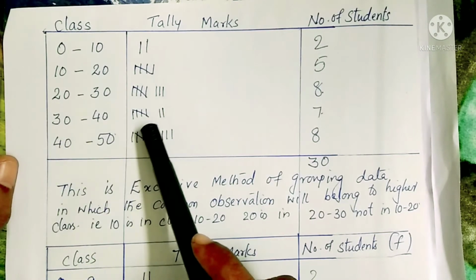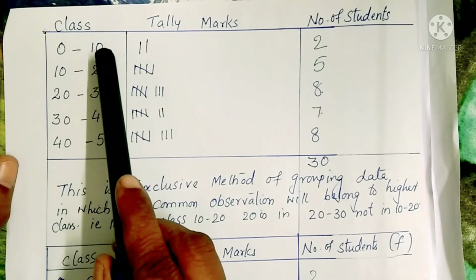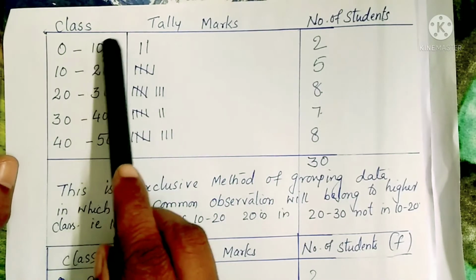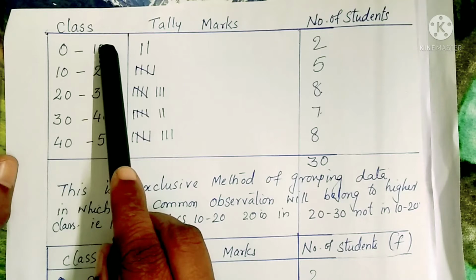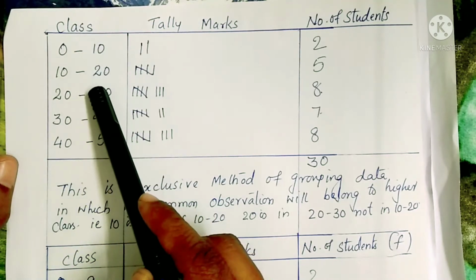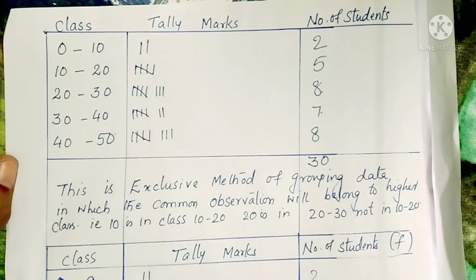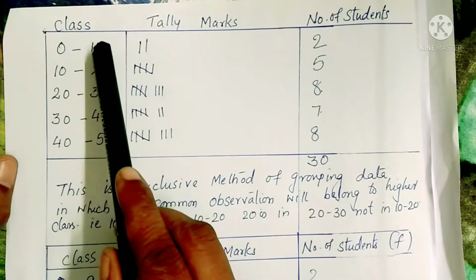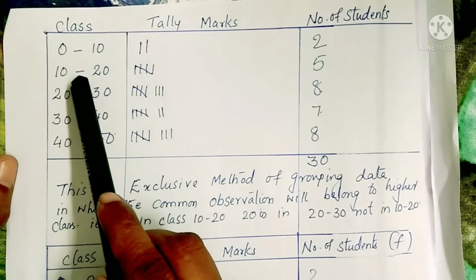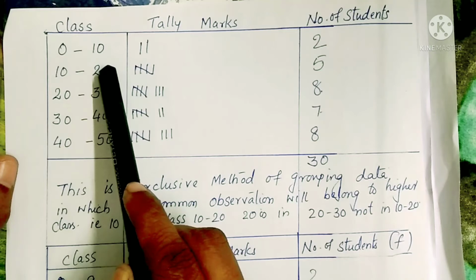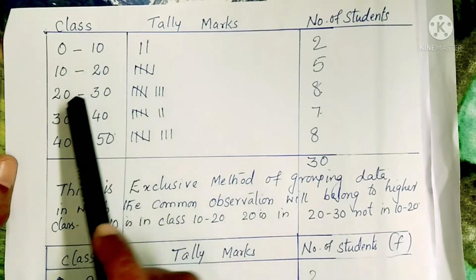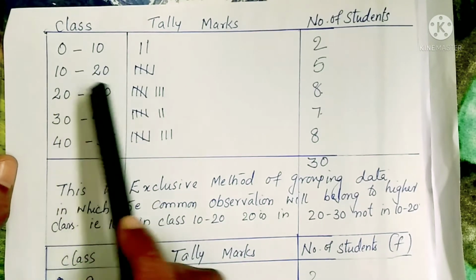So what we do usually is, the upper limit is not included in the first group, it will be included in the next group, that is in the higher group. So 10 will not be included here, it will be included here. 20 will not be included here, it will be included in the next group.